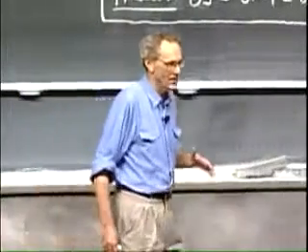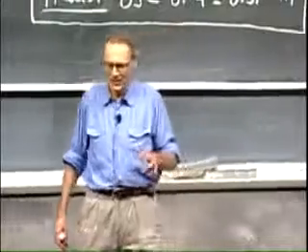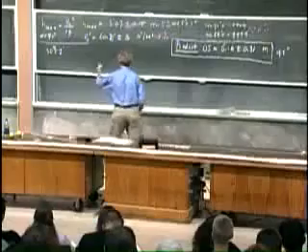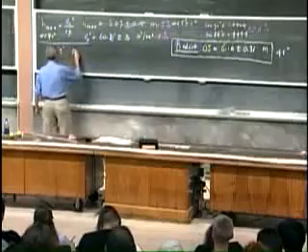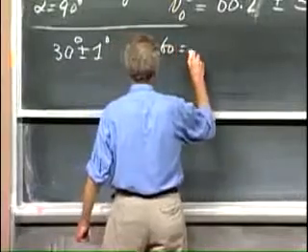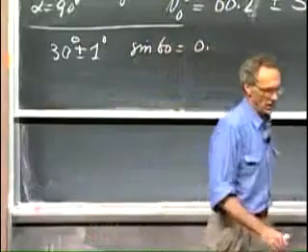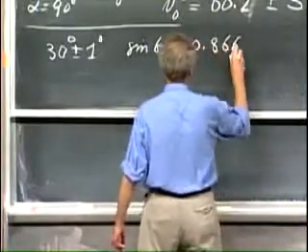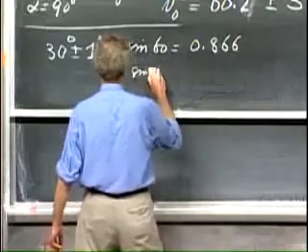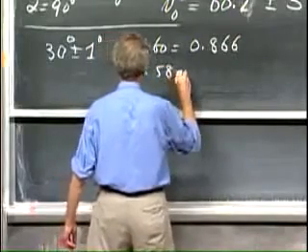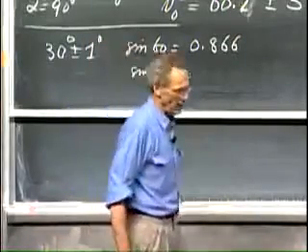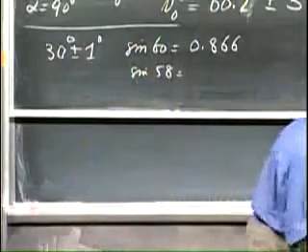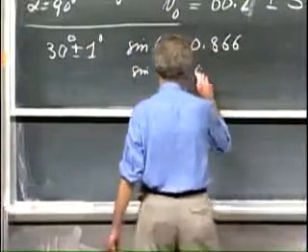That is risky now, because the sine of 60 degrees, that's what you deal with. The sine of 60 degrees, I think, is 0.866. That's right. But the sine of 58 degrees, which is possible if I'm 1 degree under, is 0.848.